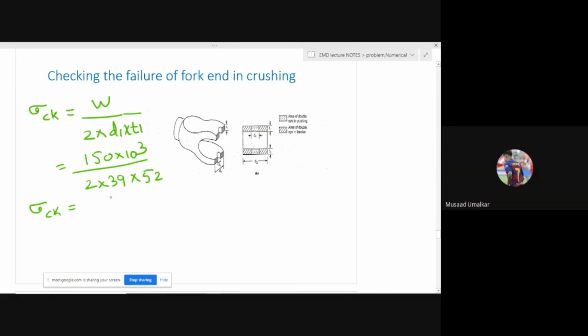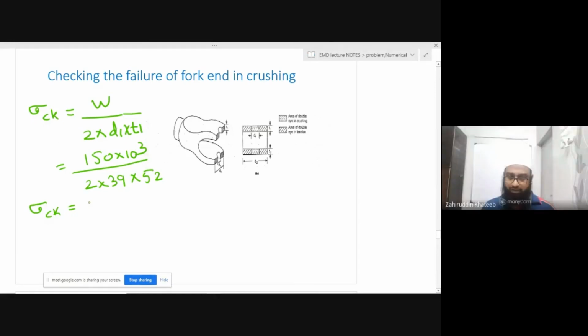Same, sir, same. 36.98 MPa. Again, this 36.98 is less than sigma ck permissible.